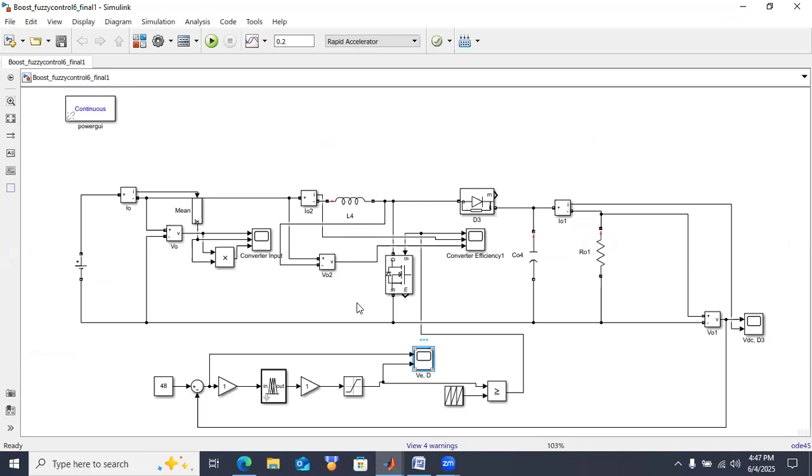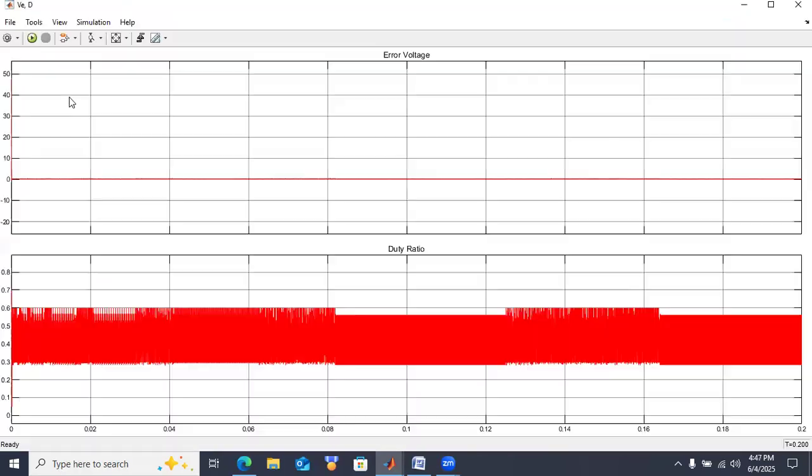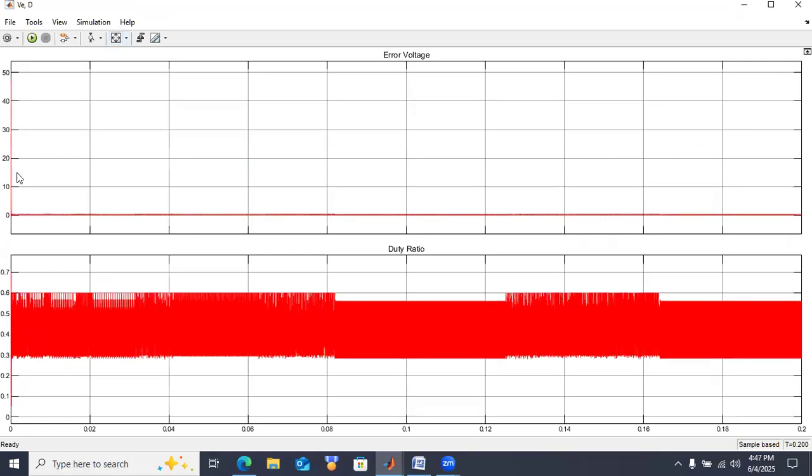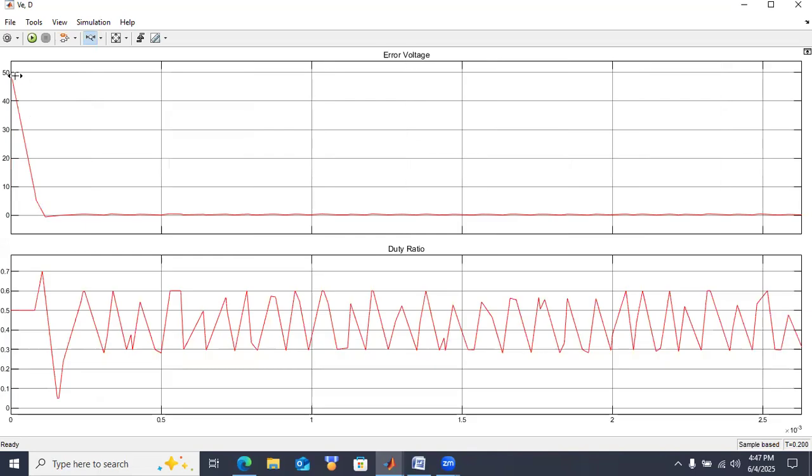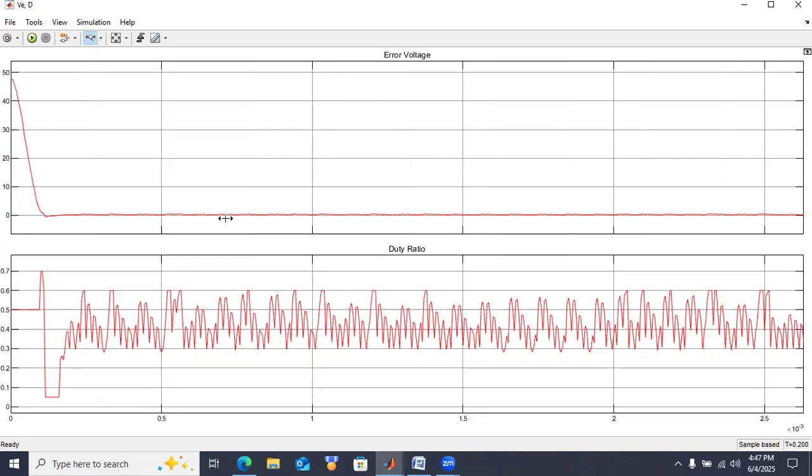Okay, in this, if you see, the input and output of the fuzzy control. The input initially is high, then it is reaching 0 here because the error is 0. And this is the duty ratio here.